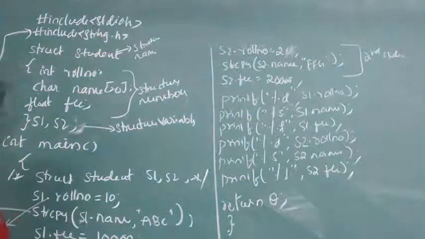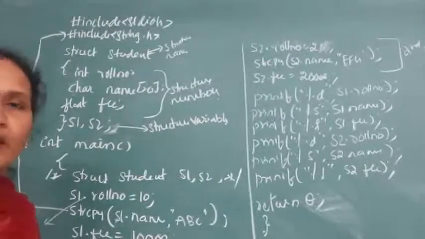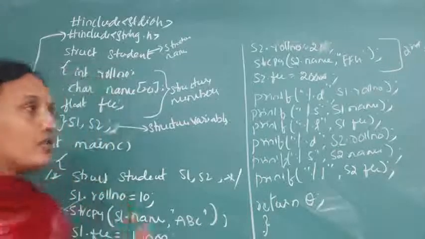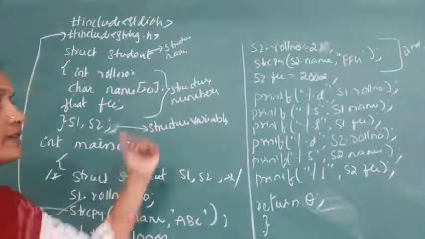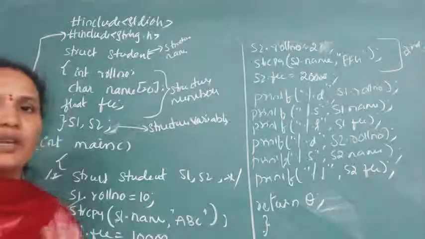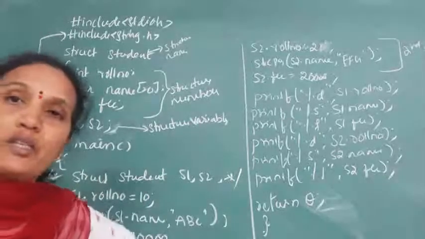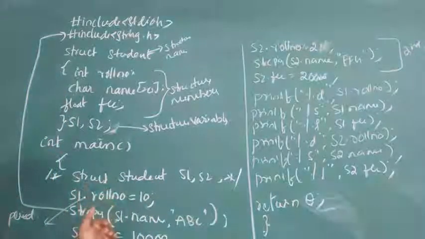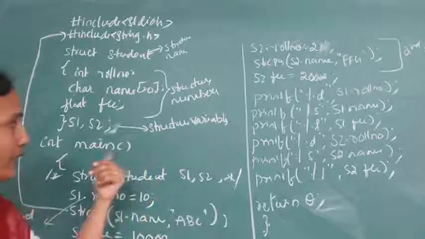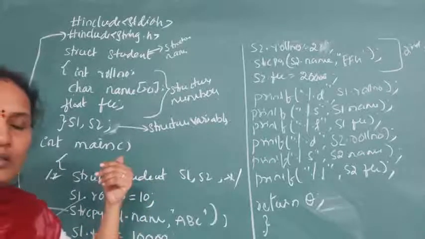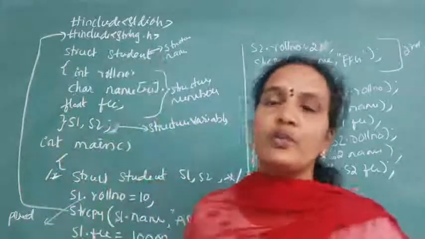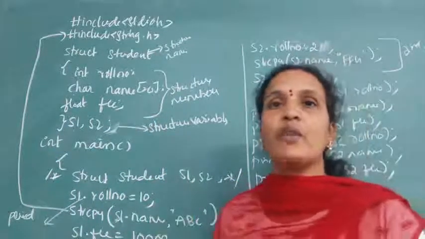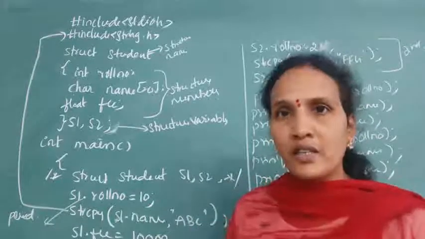Suppose you have 5 students and you want to print 5 student records, you can do it. But suppose you have 10 students, then it is not practical to assign 10 student records every time in this method. Understood? If you have only 2 or 3 variables which are using the structure members, then it is easy to assign the values and easy to print.